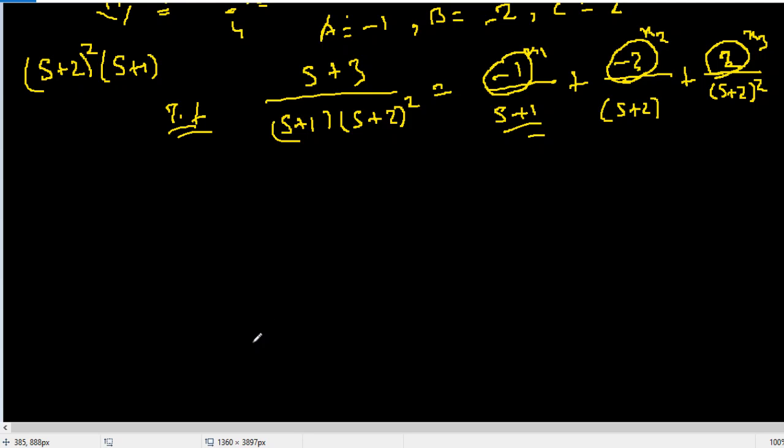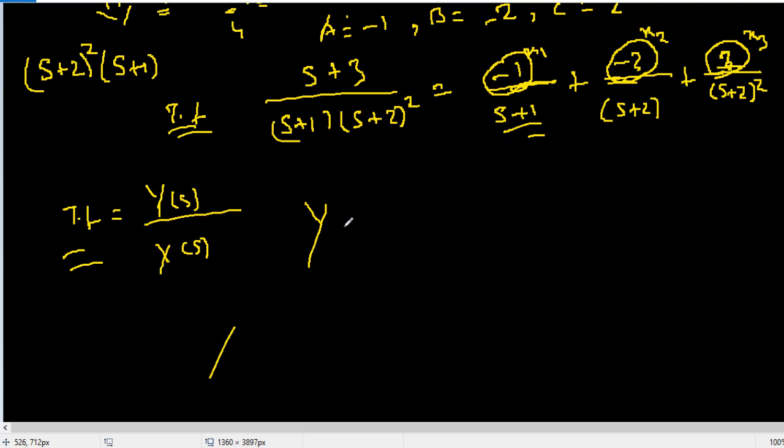And as we know, the transfer function is something like that. This one becomes x1, x2, and x3, which we can solve.